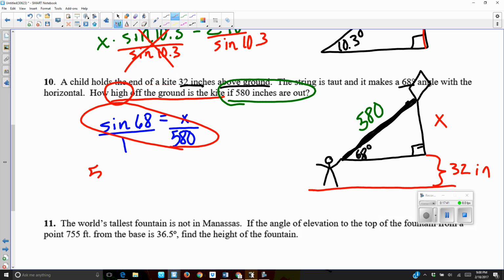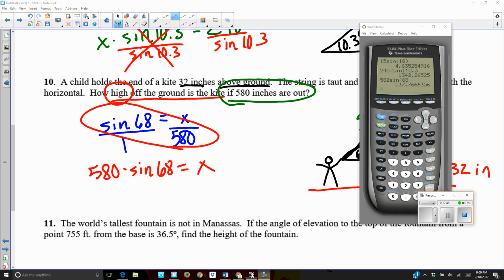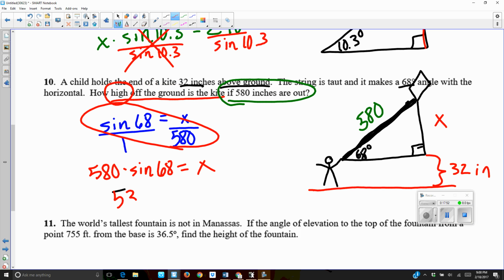Cross multiply. That should give you 538. That's not your answer, though. That's just the value for x. Sorry, that's not feet. That should be inches in this problem.